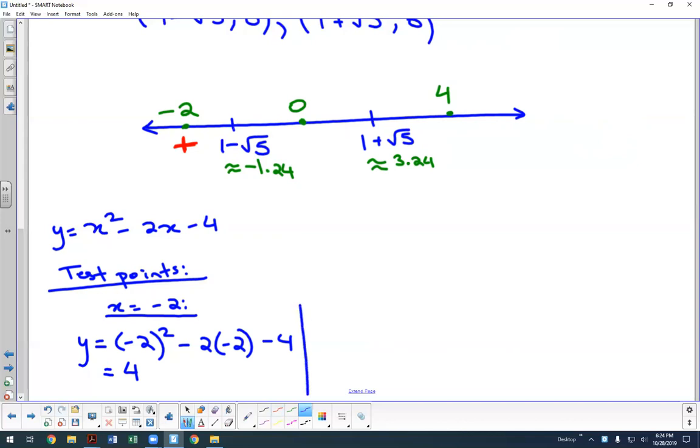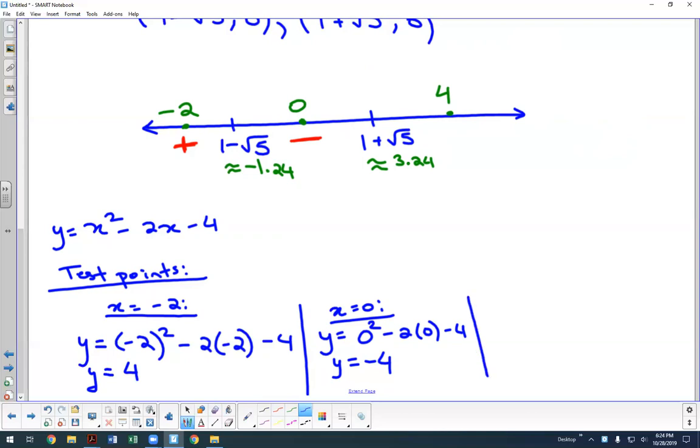Now let's try the second test point, which is x equals 0. That will be 0 squared minus 2 times 0 minus 4. And what will that give us? -4. So that means in the center interval, all my y values are going to be negative.